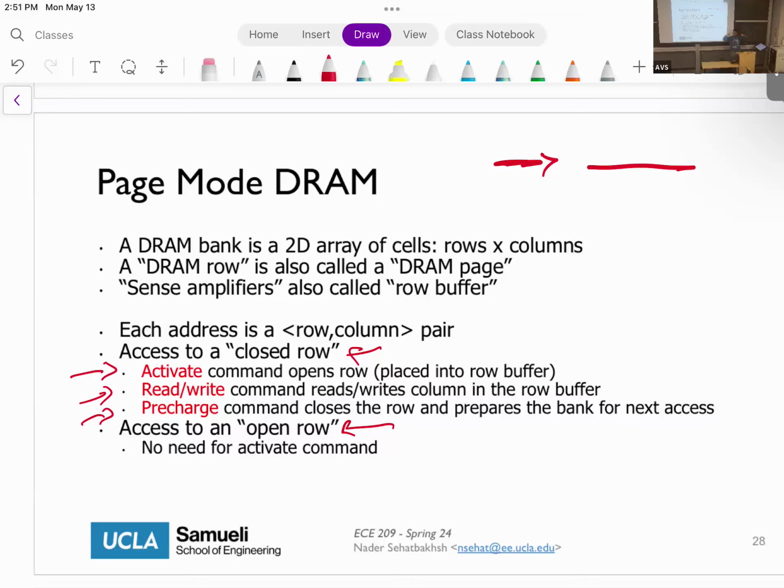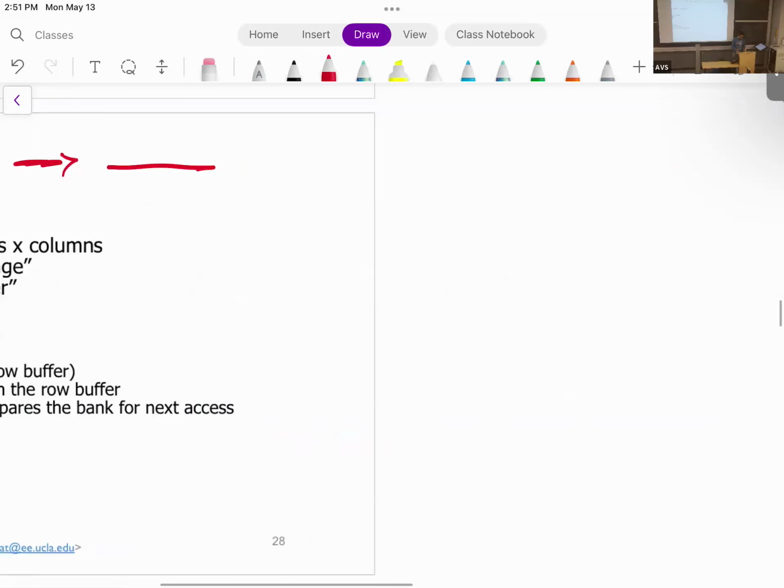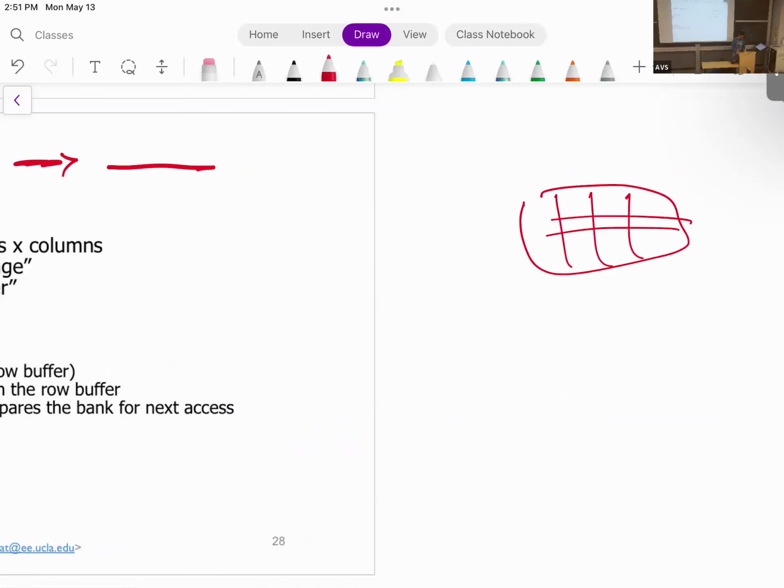So we essentially read a row, write it to the row buffer, take the block that we want, and then write the data back to the row, pre-charge it, and close the row. So the next time, even if the data is in the same row, we need to repeat this three-step process, okay? The alternative is that we don't need to keep reading the same row over and over again. Instead, if this is my 2D array, let's say I read this and write it into my row buffer, okay?